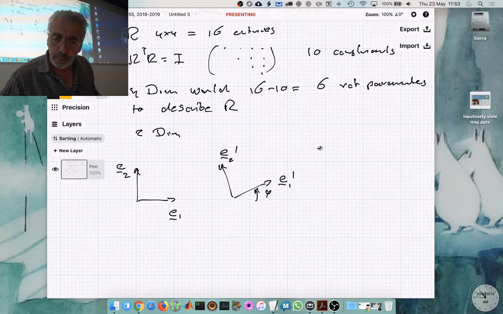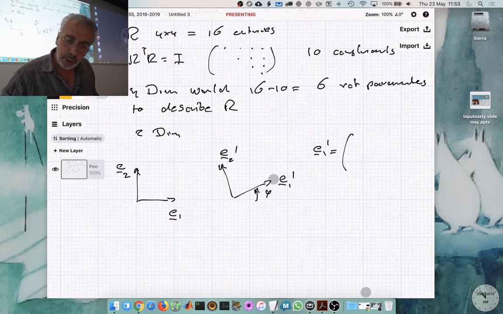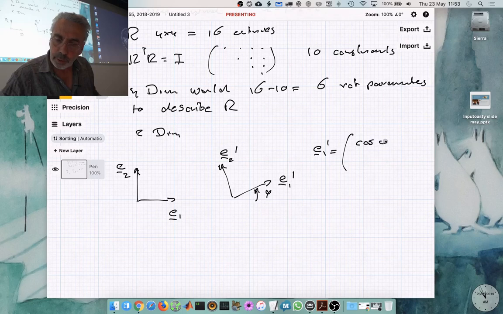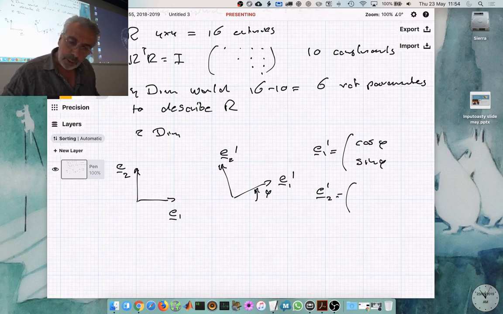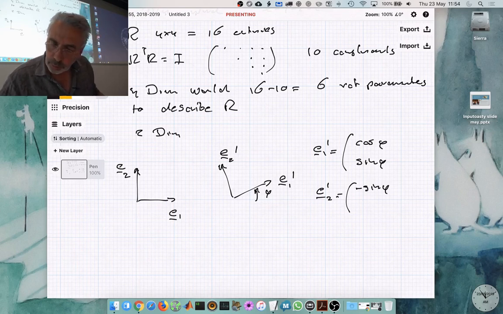Then the expression of E1 prime in this coordinate system is, of course, a unit vector, so I have the cosine phi here, and for the vertical component I have the sine phi.